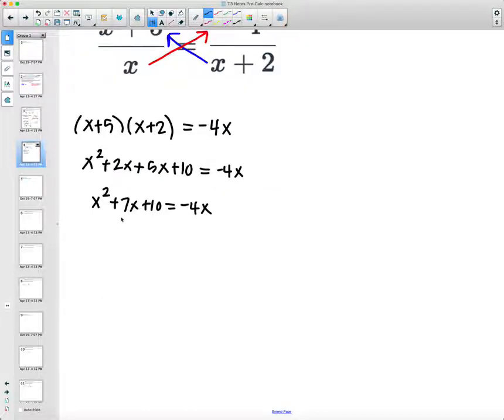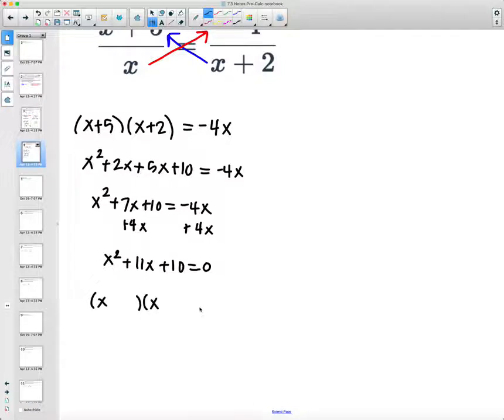This time we've got a quadratic, so we need to get everything to the same side and set it equal to 0. Let's add the 4x over. So we get x squared plus 11x plus 10 equals 0. Now we can factor this.